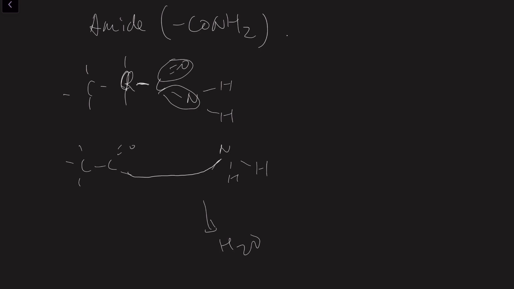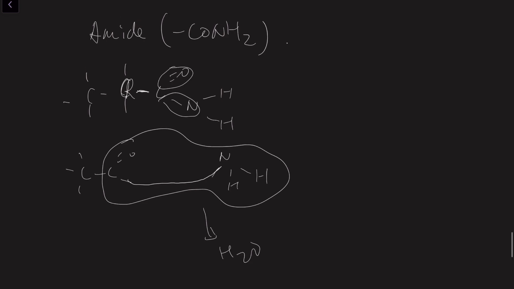So the CONH2 becomes the amide functional group. We also need to know primary amide only, which is nitrogen connected to 2 hydrogens.